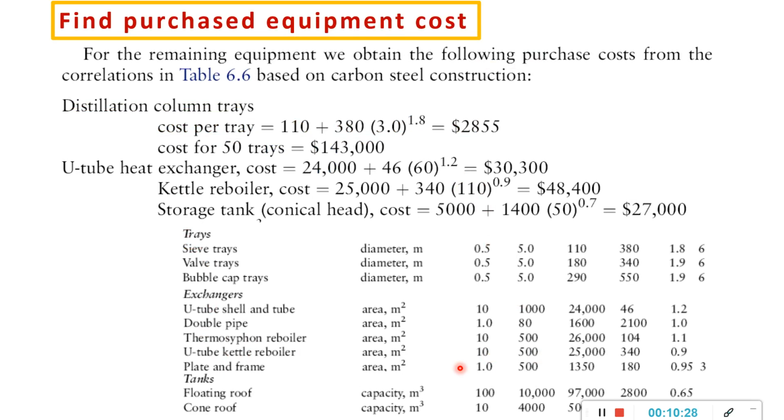So we can use this range, this value: 35,000 plus 340 times 110 meter square, to the power of 0.9, then you get 48,000.